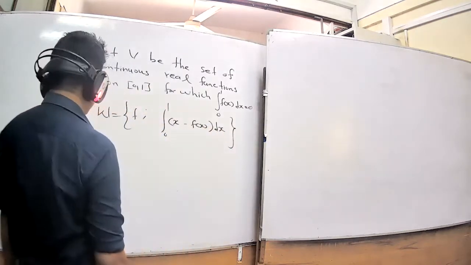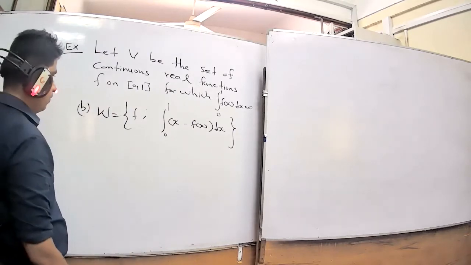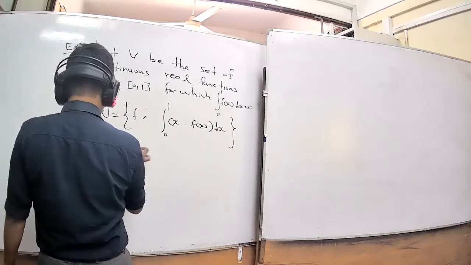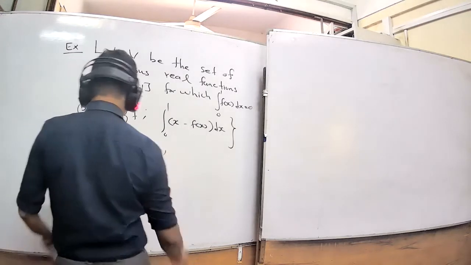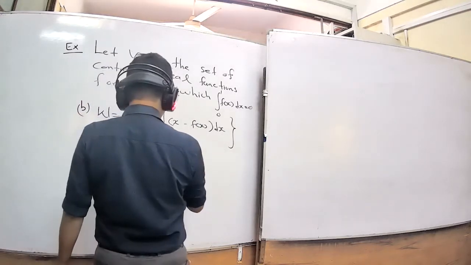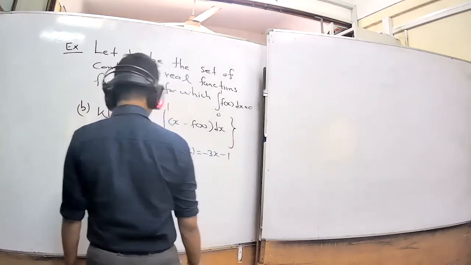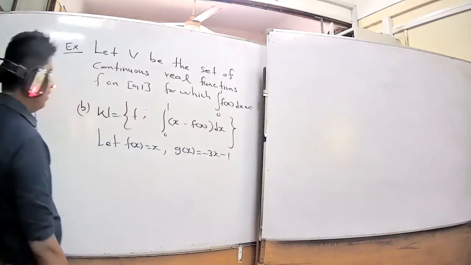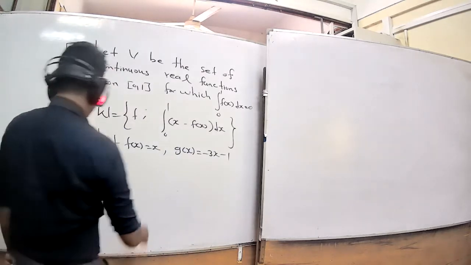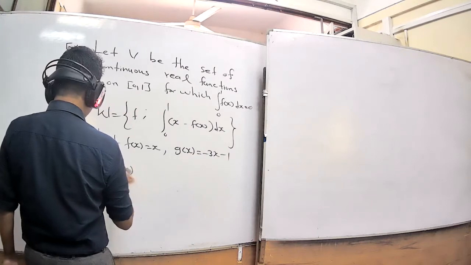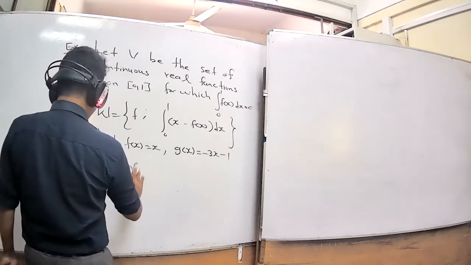Check whether it follows the subspace conditions or not. Let f(x) equal x, and g(x) equal minus 3x minus 1. Both are continuous. And what about the integral from 0 to 1 of (x minus x) dx?